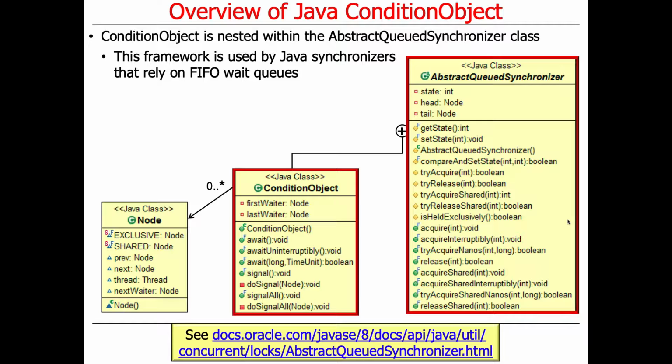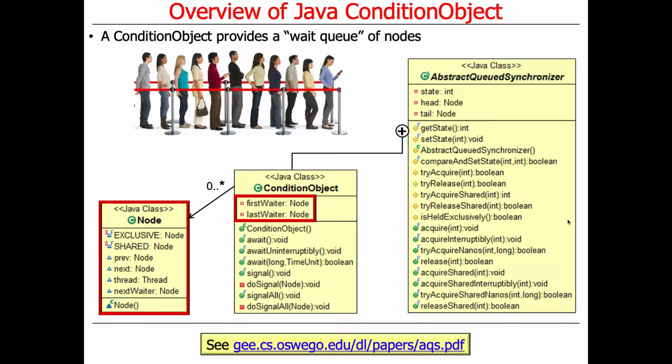In fact, interestingly enough, condition objects are, I believe, implemented as a nested class inside the abstract queued synchronizer class, which is kind of interesting. Condition objects, if you recall when we talked last time, provided this wait set or wait queue of nodes.